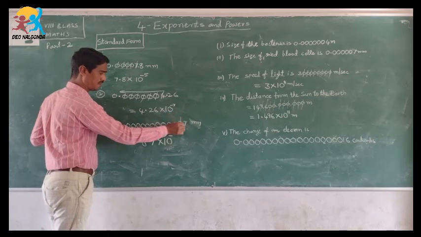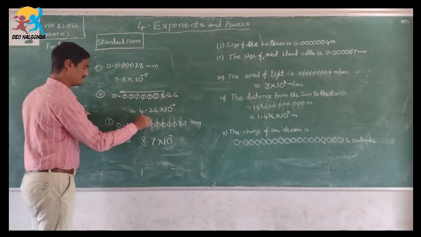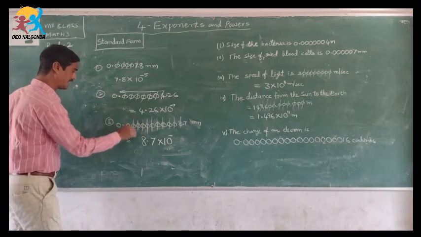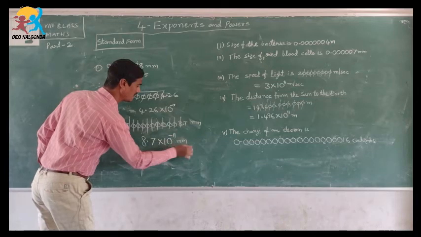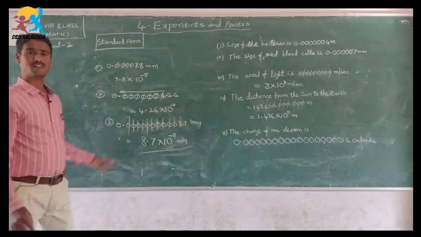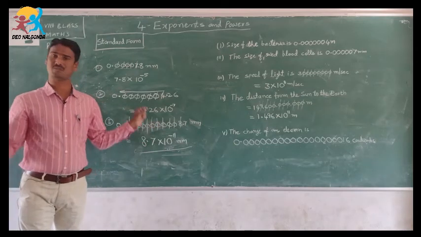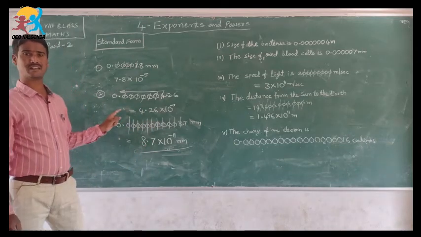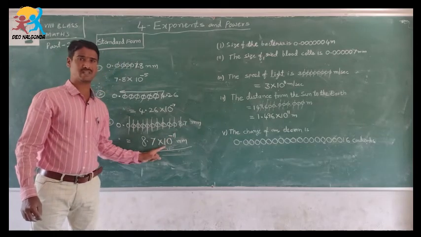So from here 1, 2, 3, 4, 5, 6, 7, 8, 9, 10, 11. So 10 to the power of minus 11 millimeters. How easy, children, to write the smallest numbers? The smallest number can be written using a negative exponent.